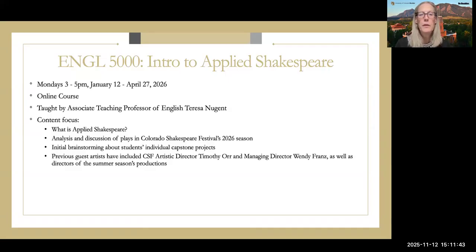So we spend the semester looking at the plays that will have been chosen for the upcoming season for the Colorado Shakespeare Festival.